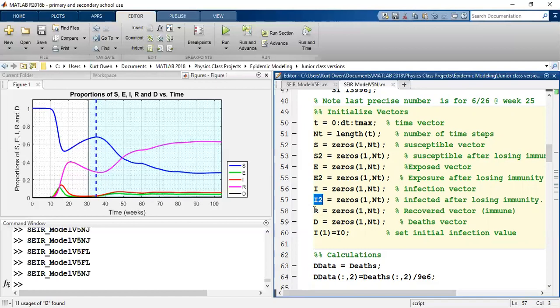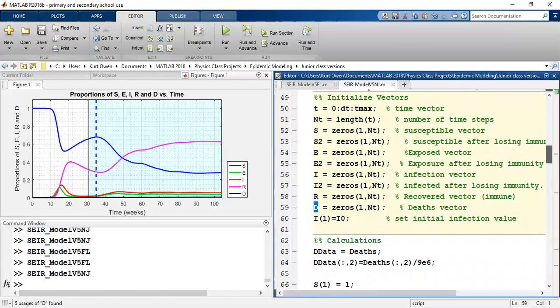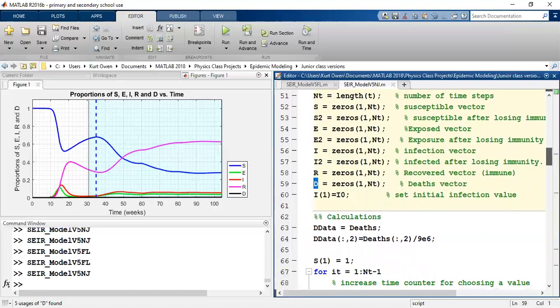Okay, we only need 1 state variable for R because recovered people will always go back into S2. Doesn't matter whether they came from I1, the first I, or the I2. Since they're going to go back to the same place, we don't need an R2. And obviously when people have died, they will stay in that category, so we don't need a second category for that. Okay, so going down, there are a lot more state variables now because we've doubled some of them up.